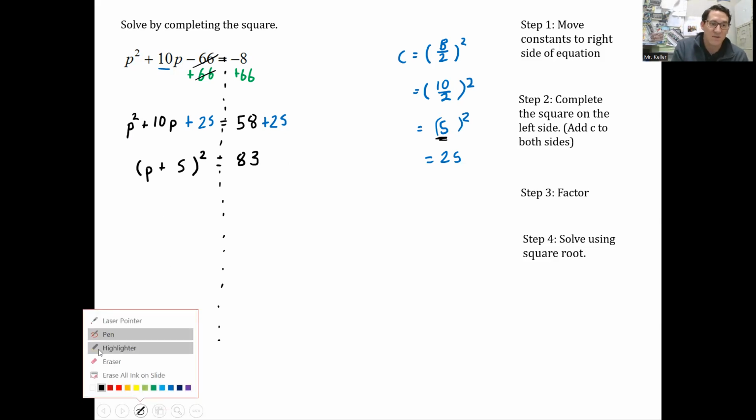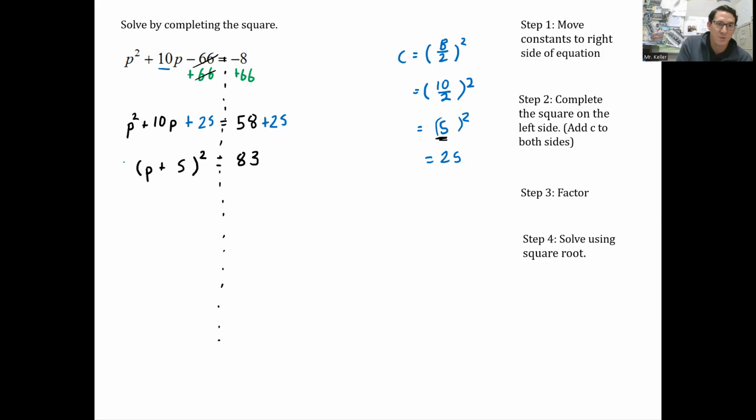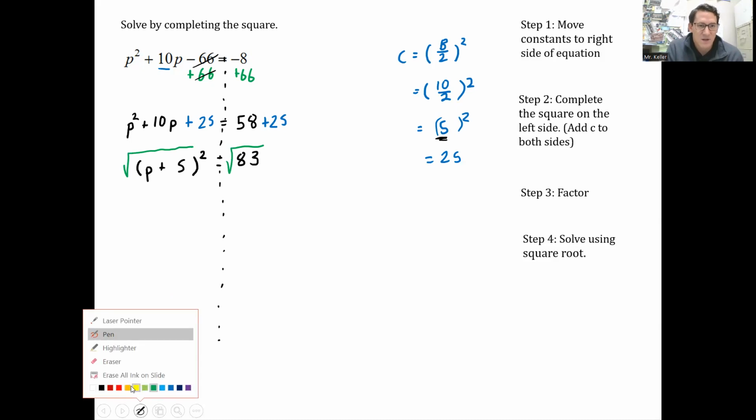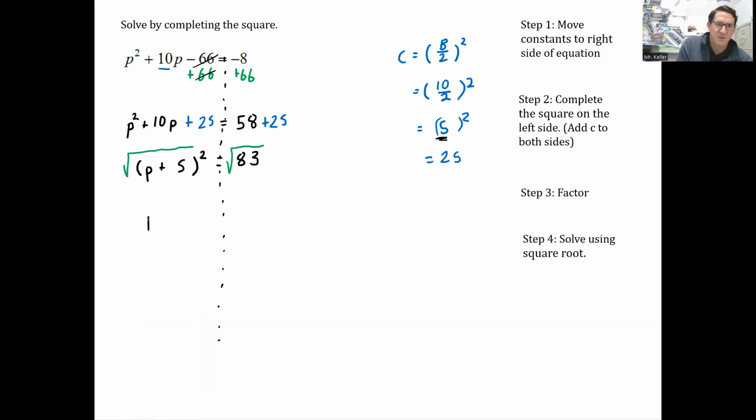We are going to solve this using a square root. So I'm going to square root both sides. 83 is not a perfect square. I don't think it even simplifies. And we'll just leave it as square root of 83. So it's going to be p plus 5 is equal to plus or minus square root of 83.